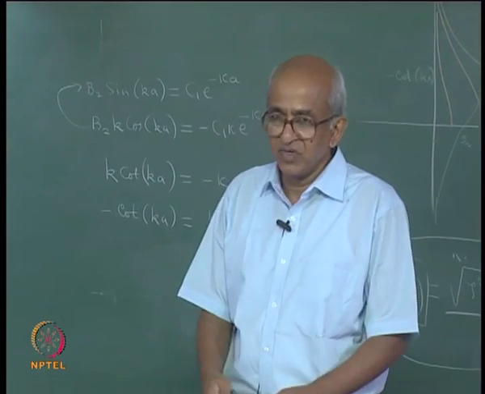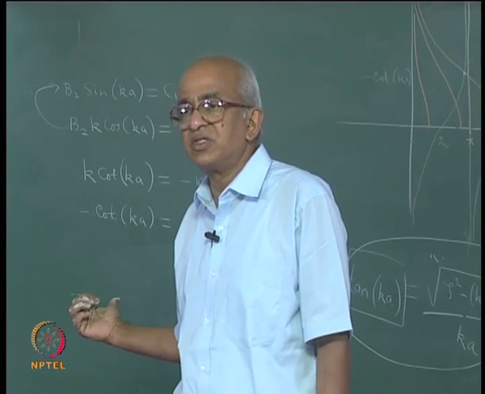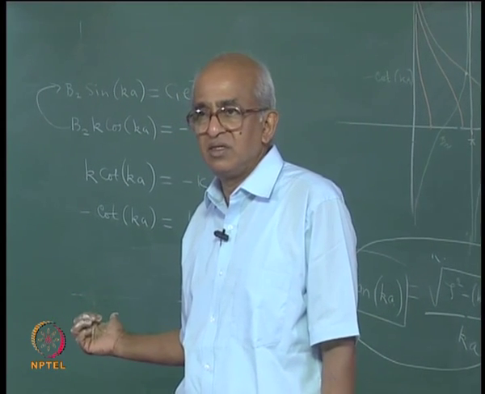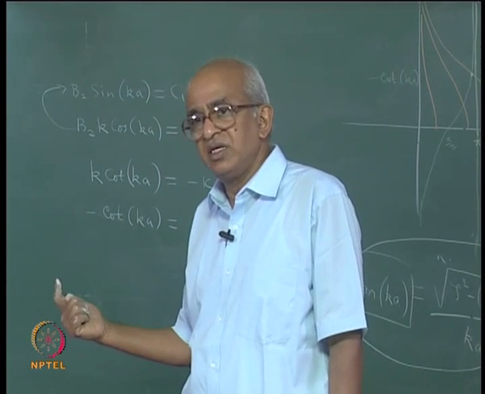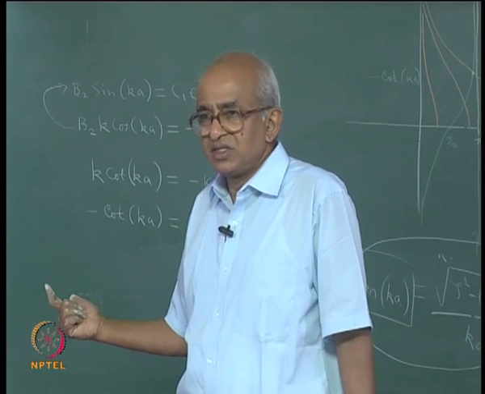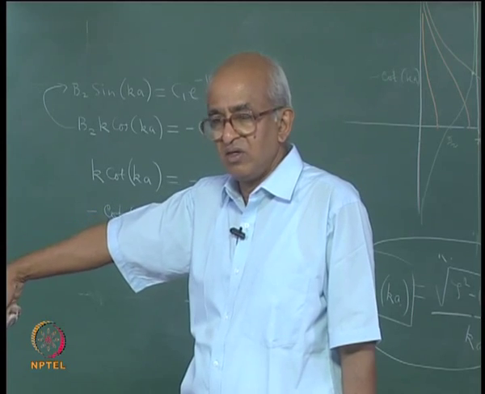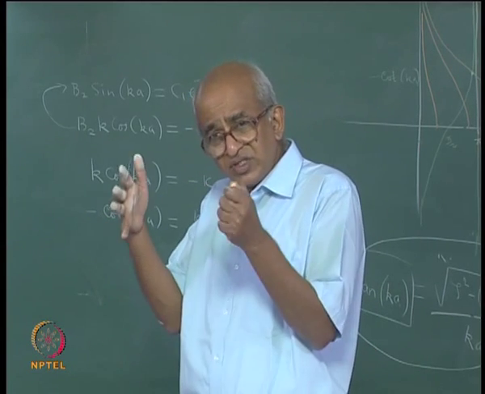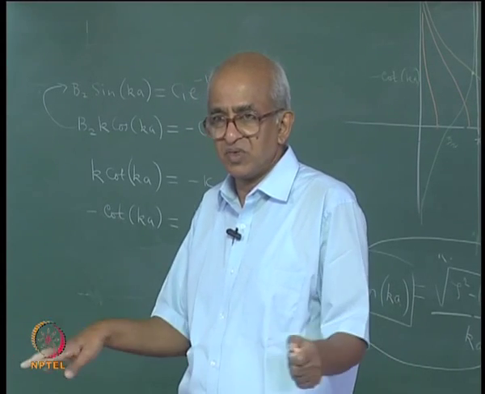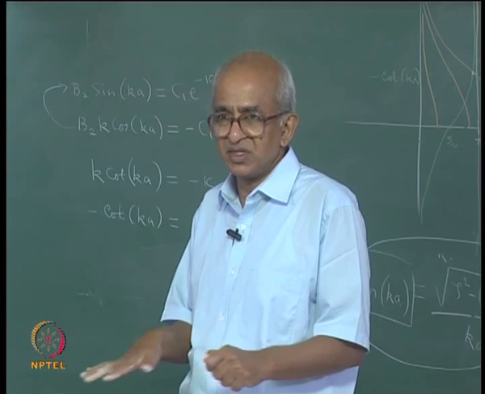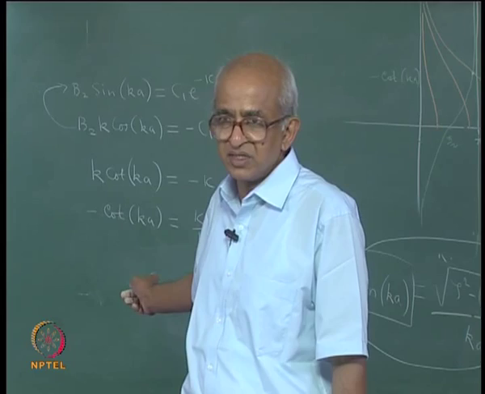So, if you made the potential weaker, it is not necessary that there should be a bound state of antisymmetric nature. There will be one bound state, but which nature? It will not be antisymmetric, but it will be symmetric, right. So, therefore, the lowest possible state, the symmetric state, will always be there, but it is not necessary that there should be an anti-symmetric state.